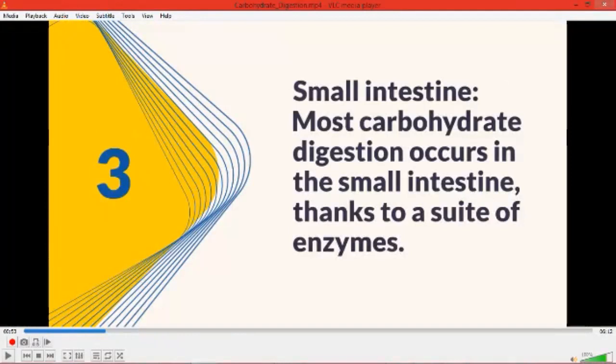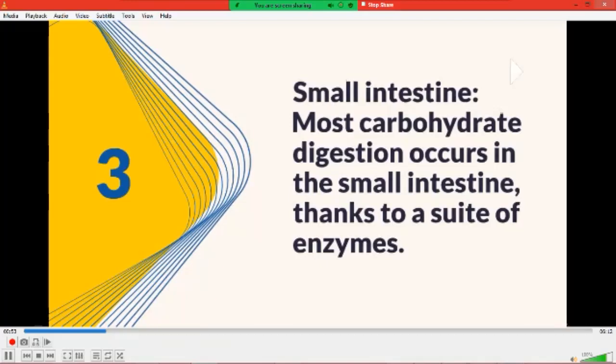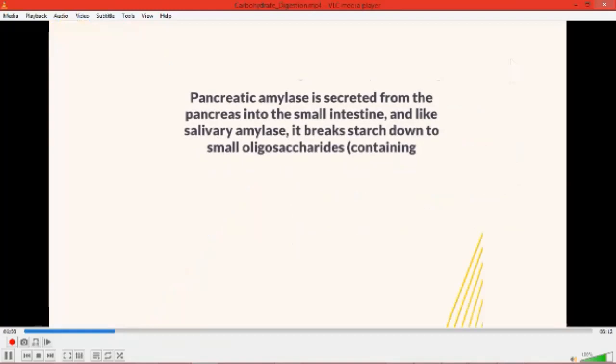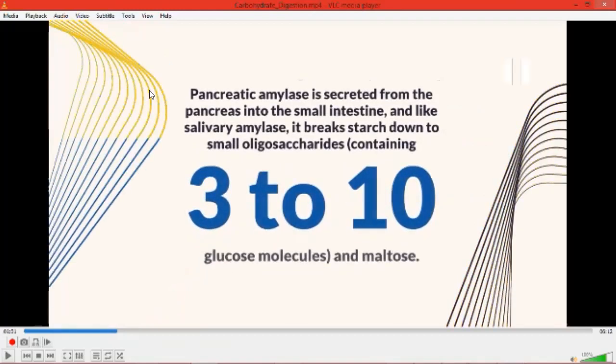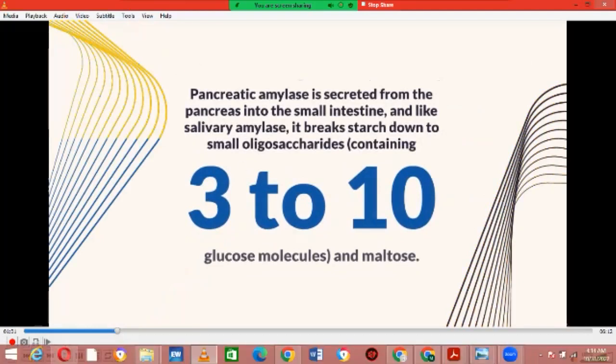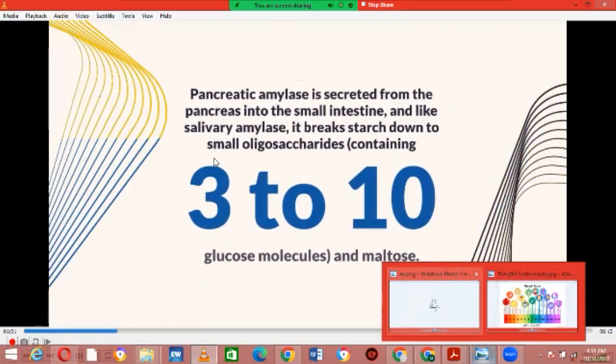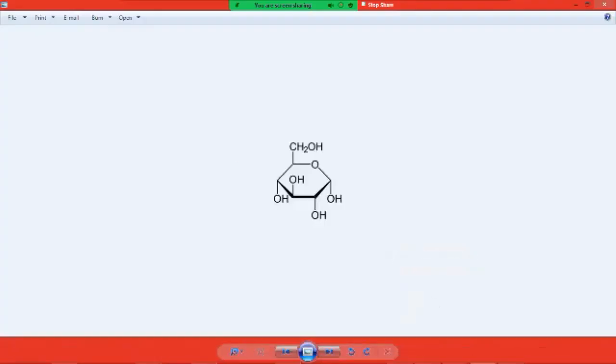But most of it occurs in the small intestine because of the pancreas and the small intestine, which have different enzymes that help break down the sugar into smaller pieces. Pancreatic amylase is secreted from the pancreas into the small intestine.